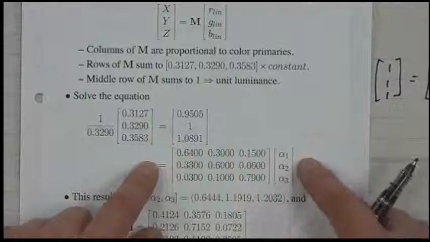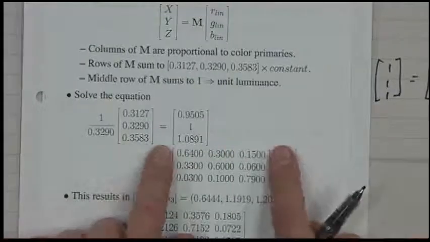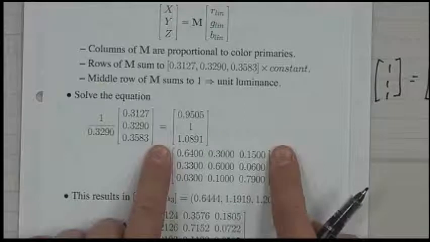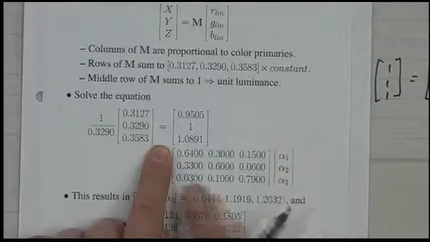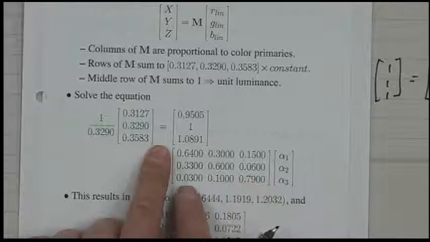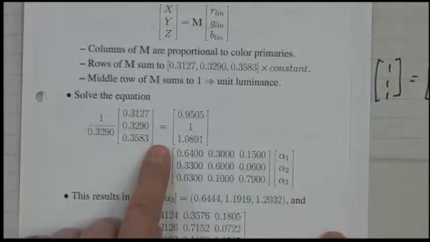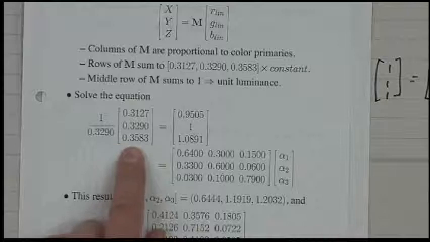And then this matrix: the columns of this matrix are the chromaticities of the primaries, right? So the columns here sum to 1. Why? Because chromaticities always sum to 1. That column sums to 1 also, because it's also a chromaticity.